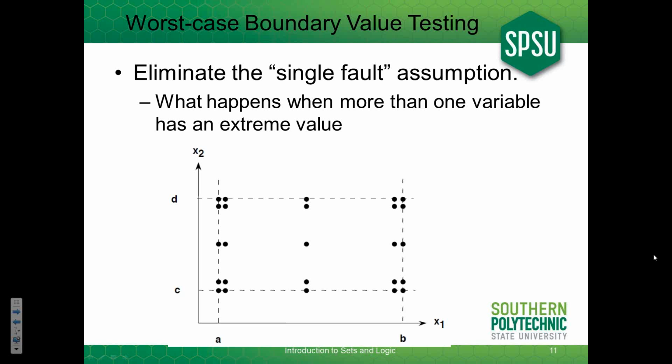And for each of these values of x1, you go through those values of x2. So that should catch a problem like that x1 plus x2 type of problem, if it exists.